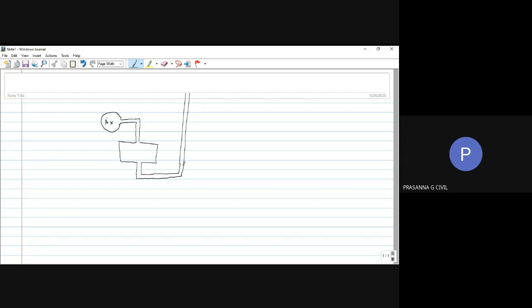Here the fluid is there, and everything is given in the figure, so we have to take it from the figure only.